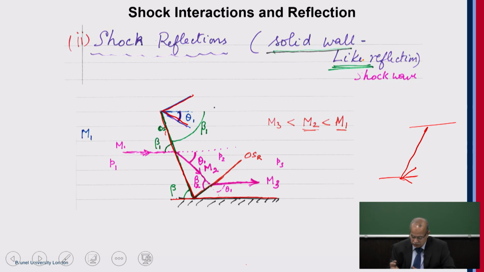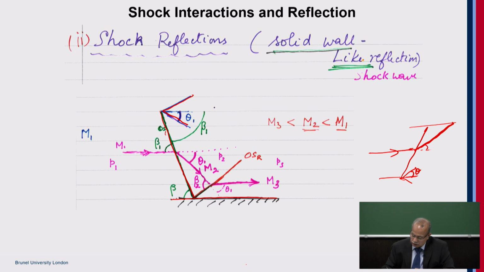The function of the reflected oblique shock is, so now let's look at this here. If there's a flow coming in here, this is at an angle theta, the flow turns by an angle theta. If there is no intervention, the flow will go and hit the wall. Is that clear? If there's no intervention, flow will hit the wall.